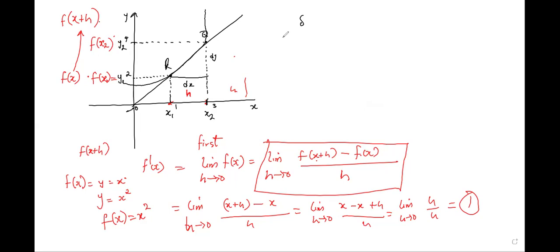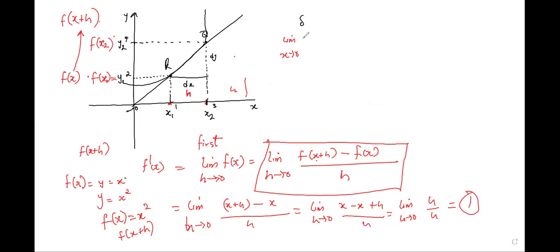So this is going to be the limit as h tends to 0. Our new function is now x squared. That's f of x. So what is going to be f of x plus h? Simple. I will just come to the function. Anywhere I see x in this function, I'll just put x plus h.